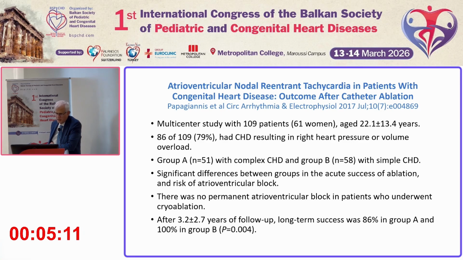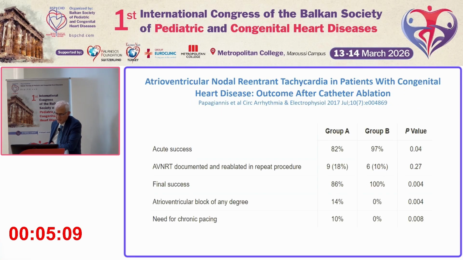When patients had complex congenital heart disease, as you can see in group A, the success rate was 82%, but when they have simpler type of congenital heart disease, it was 97%. Long-term success was 86% in the complex group and 100% in the simple group. But patients in the complex group had a higher incidence of AV damage and need for chronic pacing.